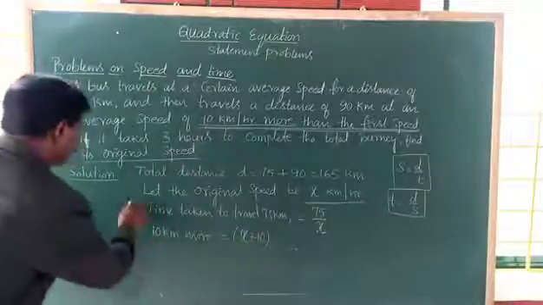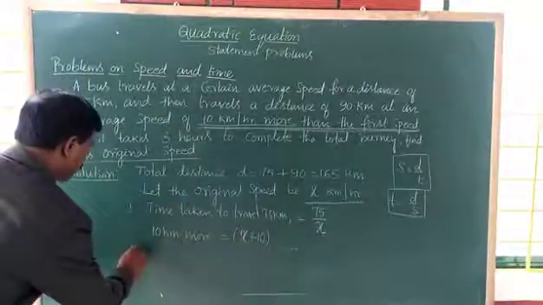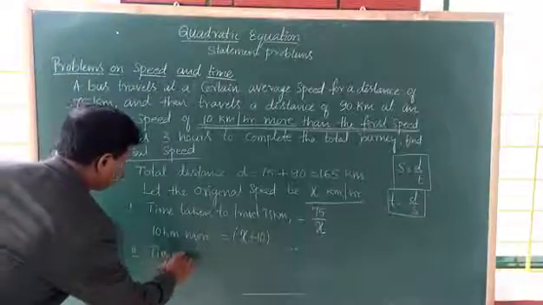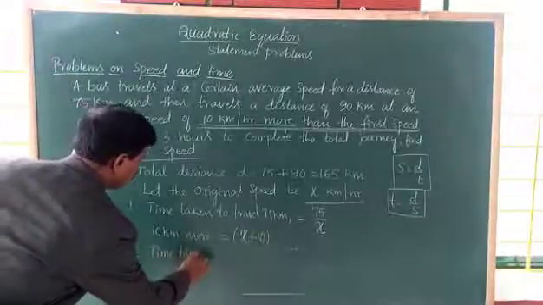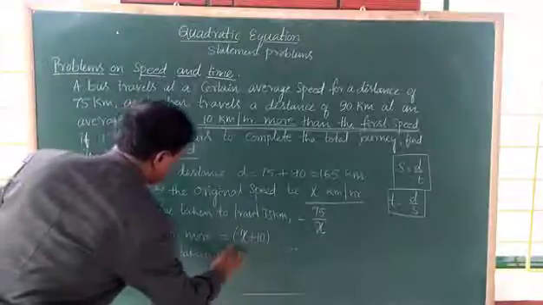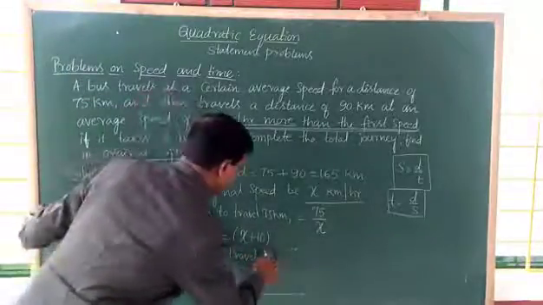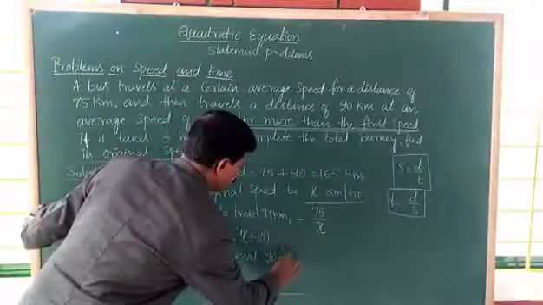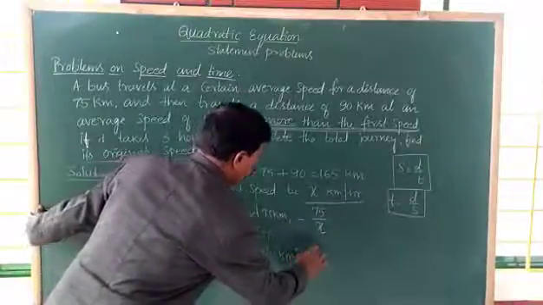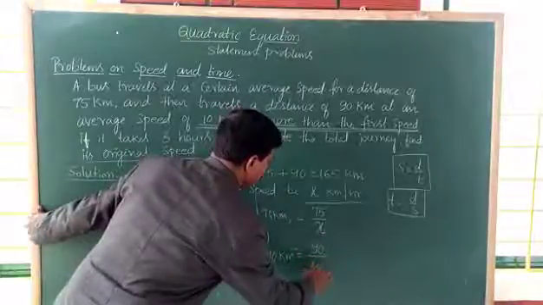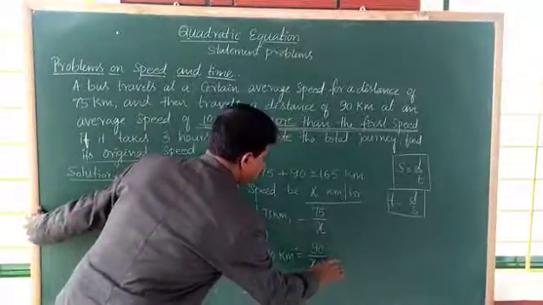Okay, then this is the first one, and the second one, time taken to travel 90 kilometers is equal to 90 by x plus 10.